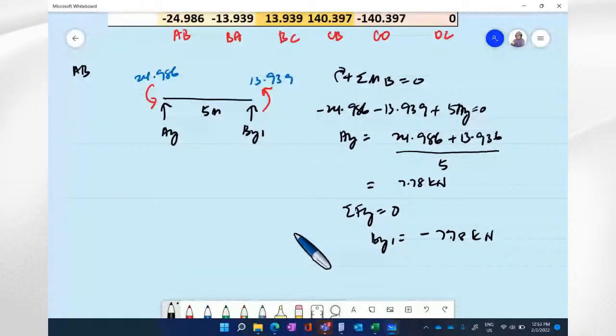So for the shear force, what we get is actually like this.